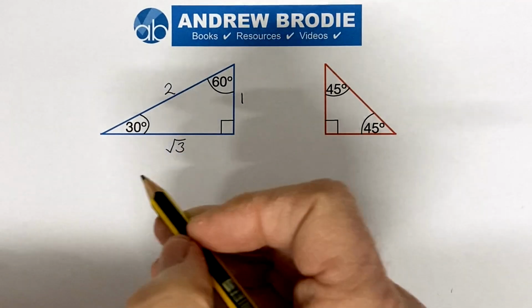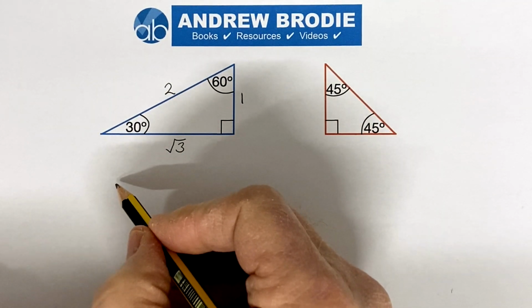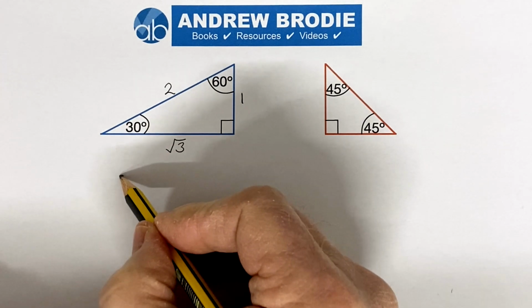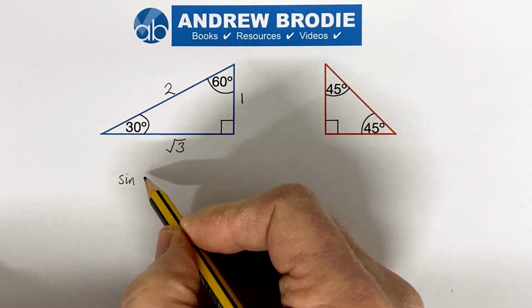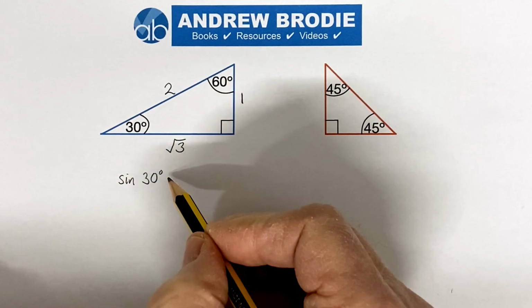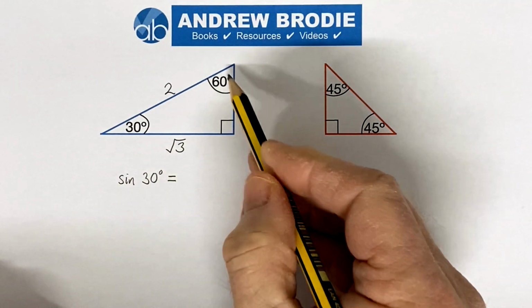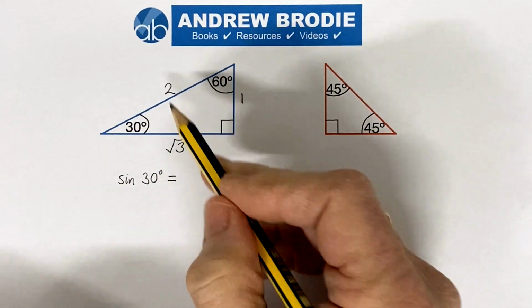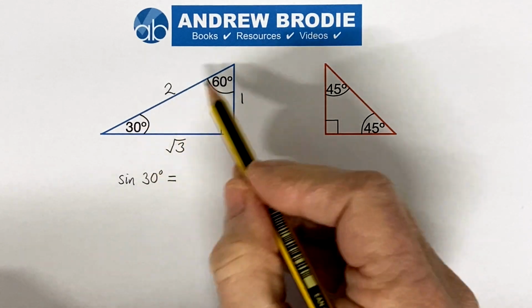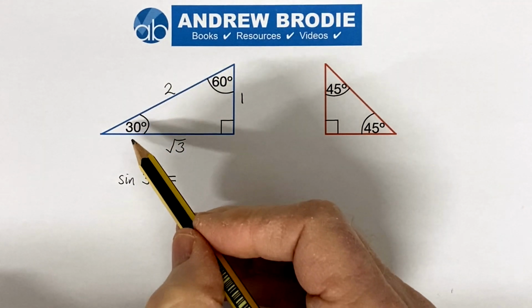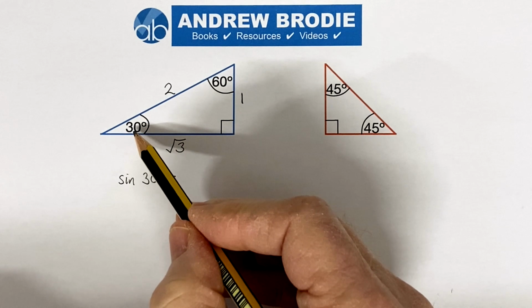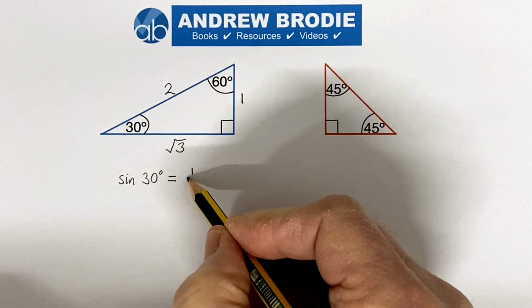Now the reason you need to know it is that you might be asked in a non-calculator paper to find the size of sine 30 degrees. And you would be able to think, well, I know what that triangle looks like. It's the 1, 2, root 3 triangle, 30, 60, 90. So sine 30 is obviously opposite over hypotenuse.